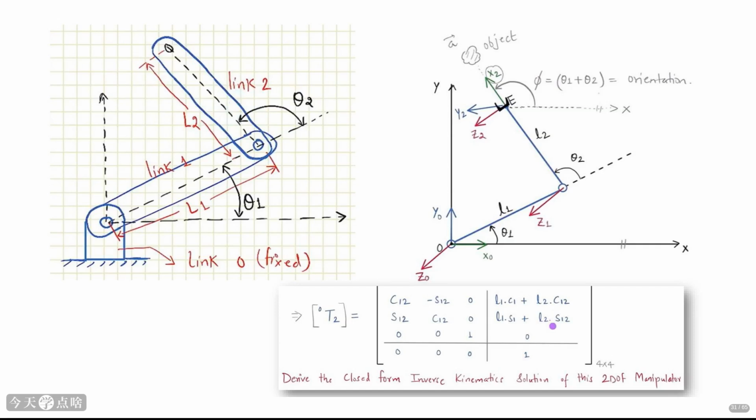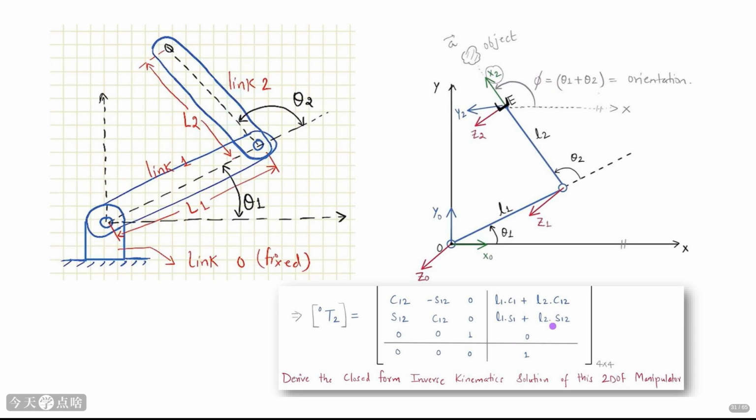Let's try to find a closed-form solution for the inverse kinematics of our 2DOF manipulator. Closed form means we want an algebraic expression for the joint angles θ1 and θ2 in terms of the desired end effector position dx and dy. The diagram shows the robot and the desired position. The bottom table shows the forward kinematics matrix 0T2.